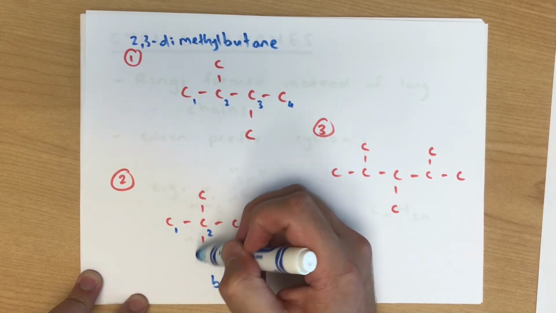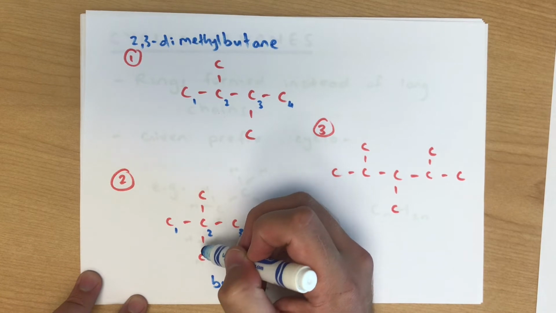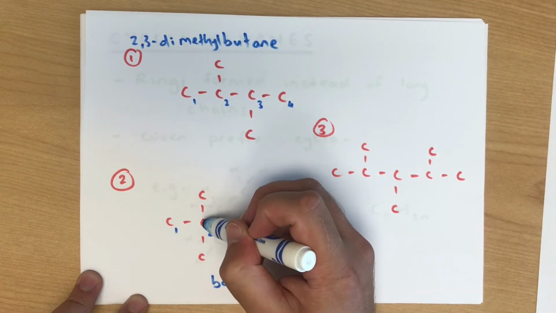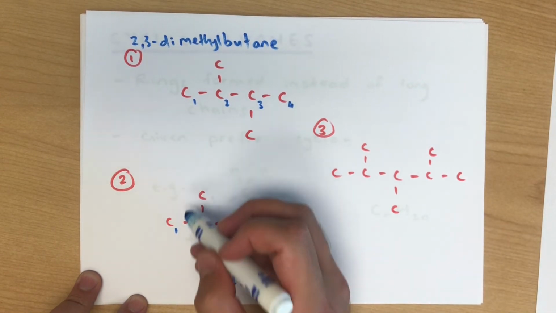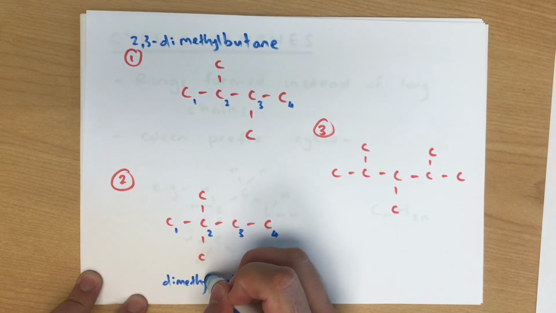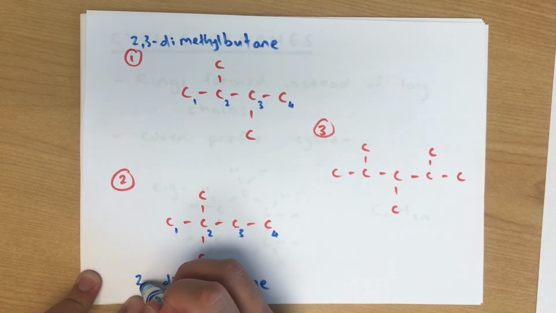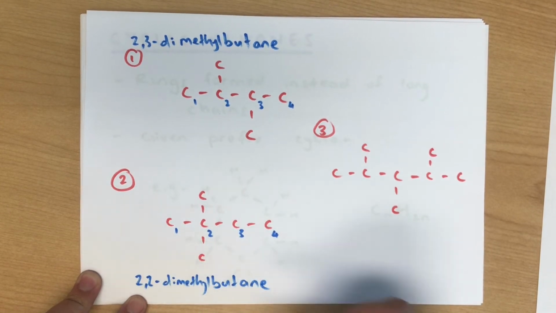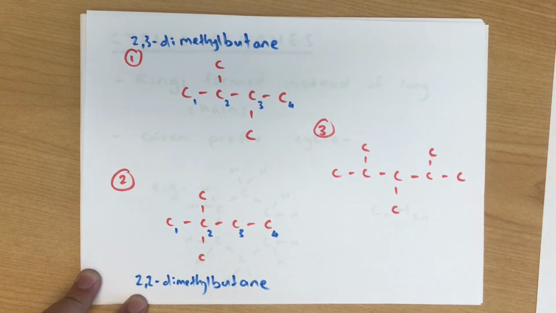This is not a 2 carbon side chain, this is 2 1 carbon side chains, because this 1 carbon comes off this one, and this 1 carbon comes off this one. So again, we've got dimethyl, and this time both methyl groups are on carbon number 2, so it's 2, 2 dimethyl butane. So you can see how those 2 molecules are similar and also how they're different.